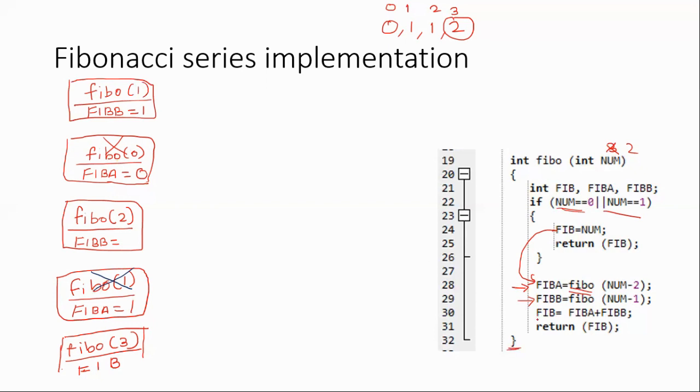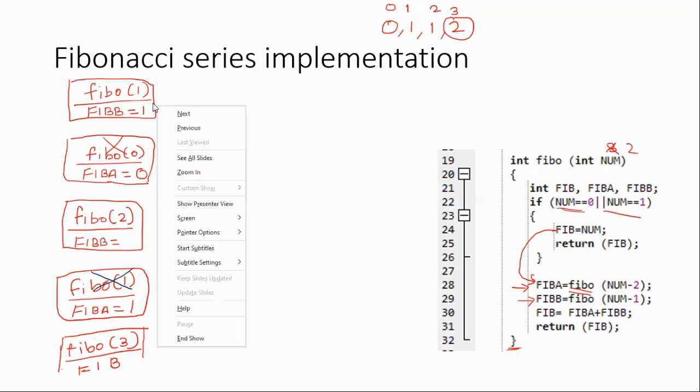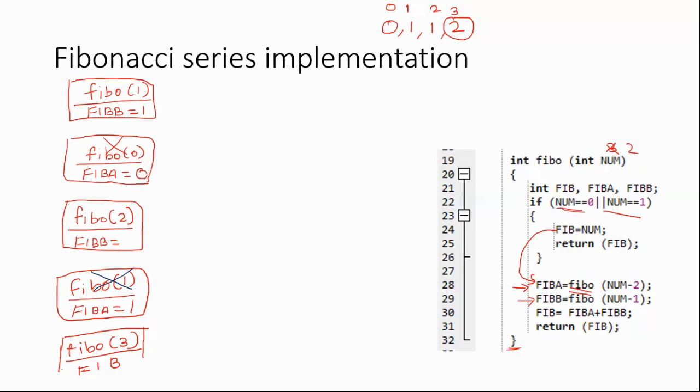Before that, it remembers that a few function calls were made and the values for those were not returned. And there is also the statement fib equal to fibA plus fibB. So what do we need to do now? Now it's going to return values in a sequence. This value is already written, so again it will start from this new one.